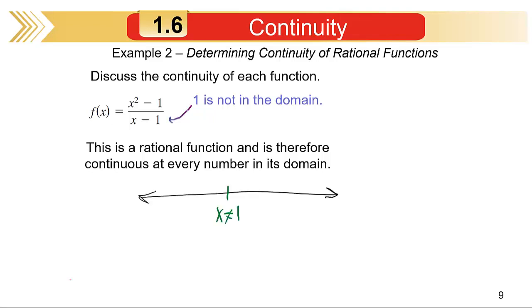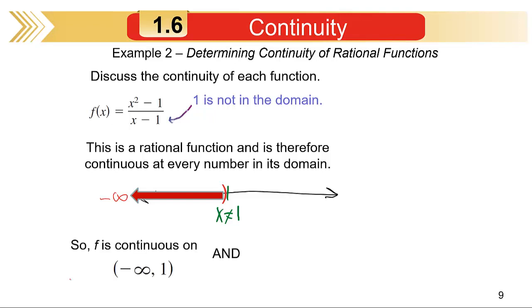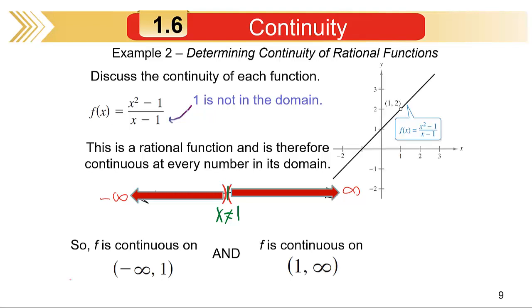That means 1 is a point of discontinuity, so the function is continuous to the left of that from minus infinity to 1, but it's also continuous to the right from 1 to infinity. And there's a point of discontinuity where you get the division by 0, and that is at x equal 1. Again, having the graph is nice, but you don't have to have the graph to sketch it.